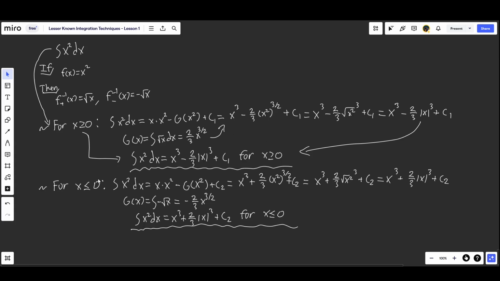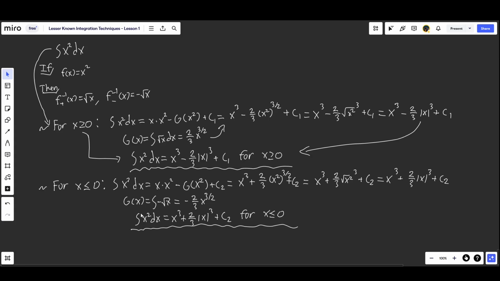If we do a similar process for x less than or equal to 0, where the inverse is the negative square root of x, we will get an answer that is almost the same, but it is a little bit different.